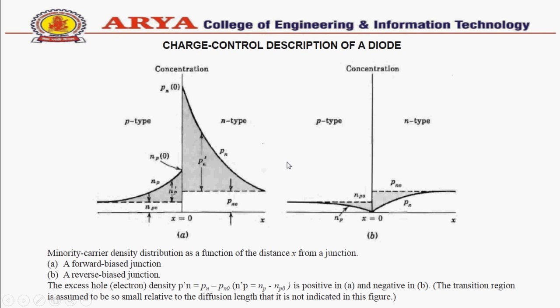So we can say tau equals L_p squared upon D_p, where D_p is the diffusion coefficient of holes and L_p is the diffusion length.